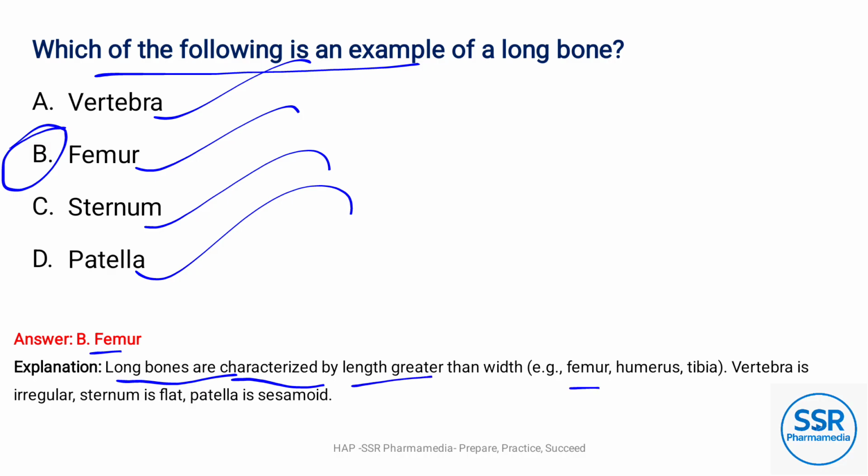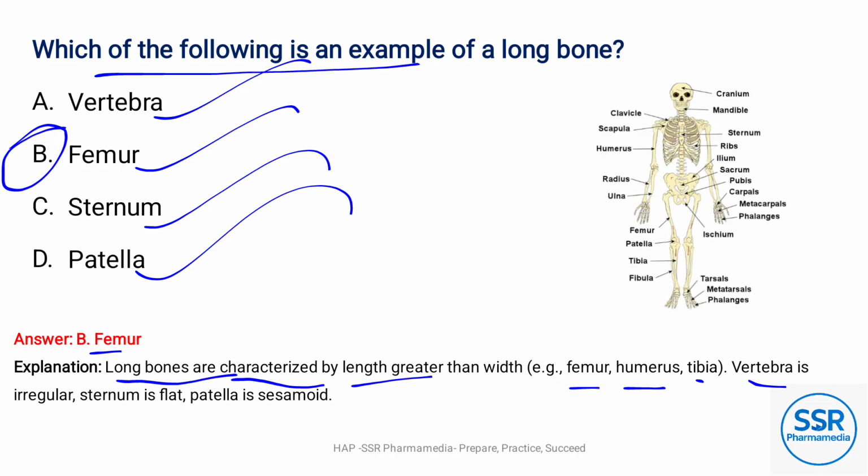Example: femur, humerus, tibia. Vertebra is irregular, sternum is flat, patella is sesamoid. This is the femur bone, which is the thigh bone.